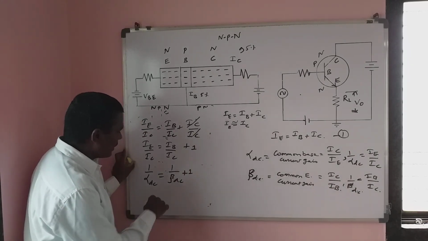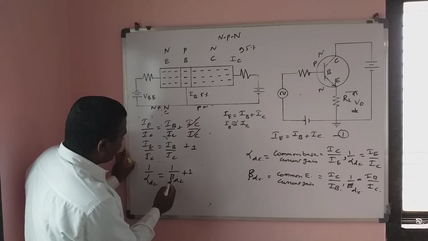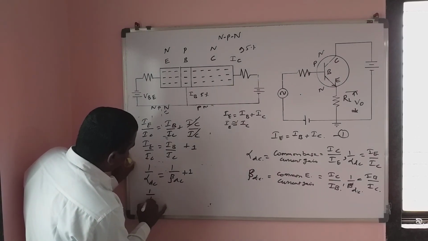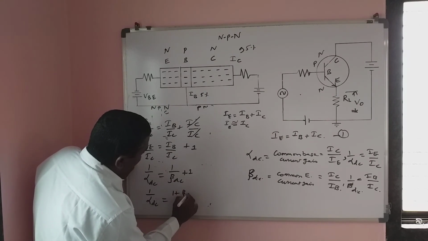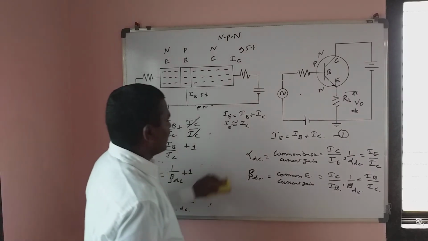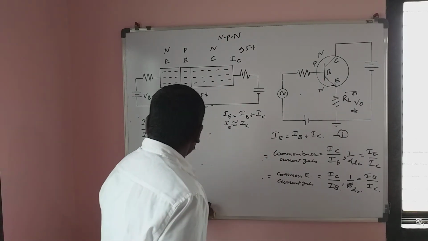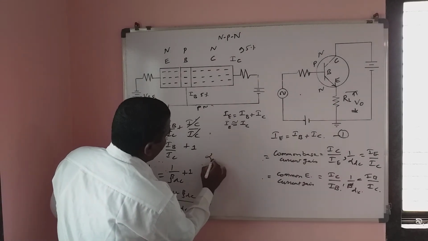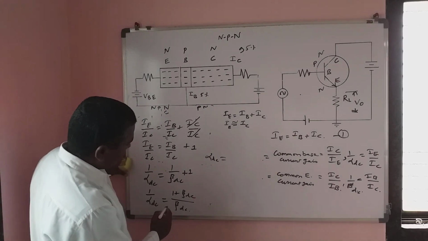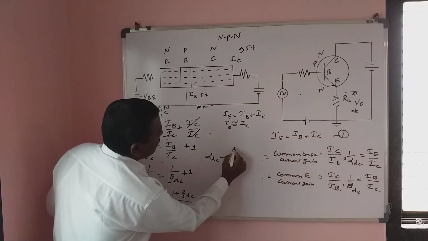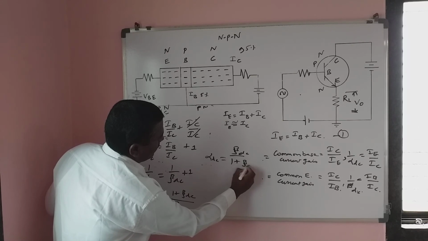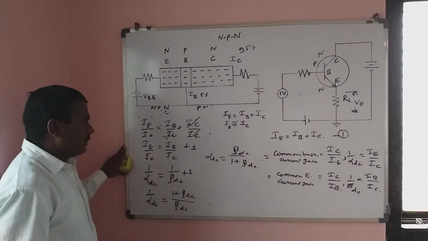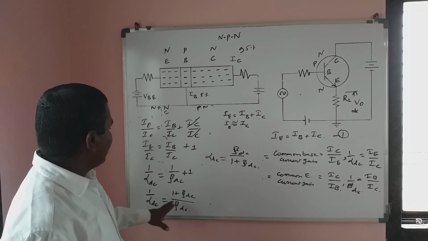Cross multiplying, we get 1 upon alpha DC equal to 1 plus beta DC upon beta DC. Taking the reciprocal, alpha DC is equal to beta DC upon 1 plus beta DC.